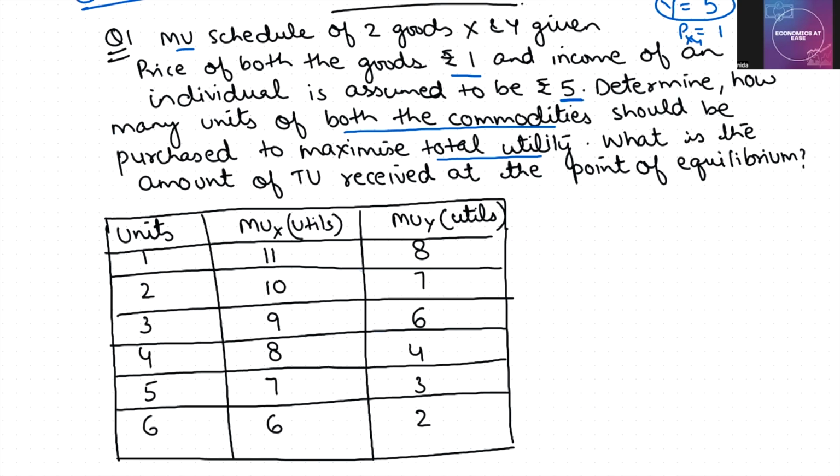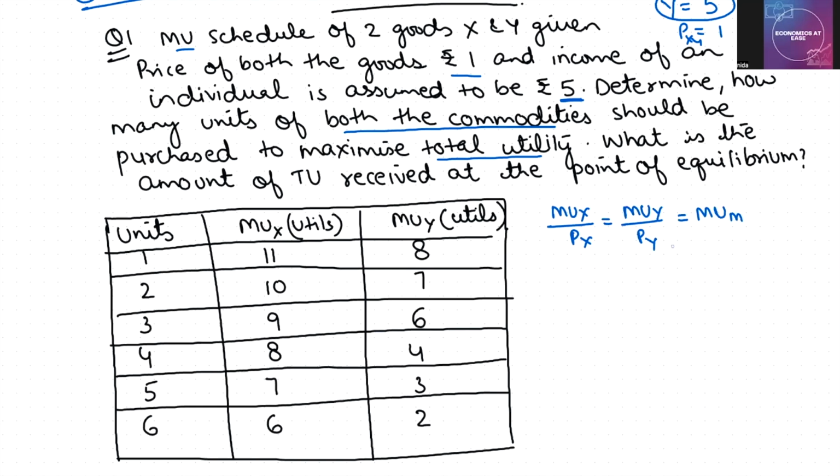First of all, you should know the formula: MUx upon Px should be equivalent to MUy, the marginal utility of Y commodity, upon price of Y commodity, and it should be equivalent to the marginal utility of money, that is the income.